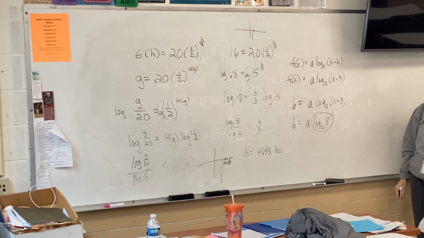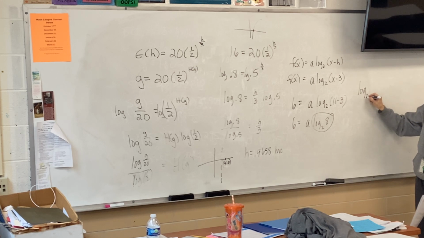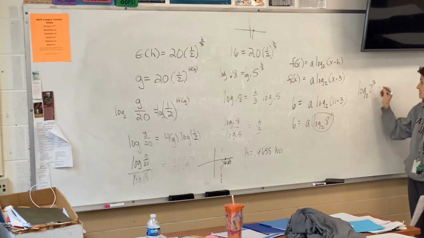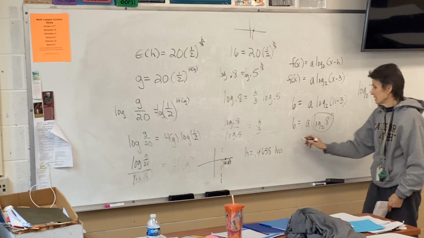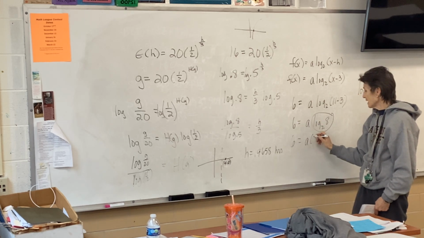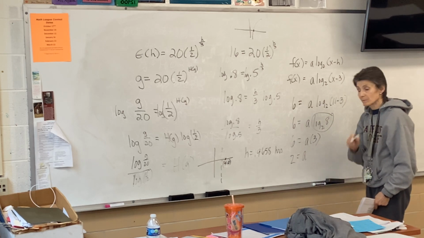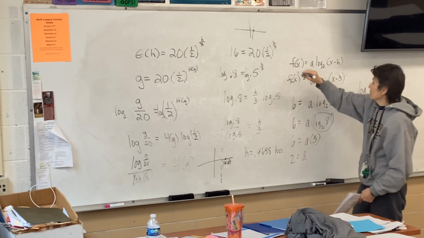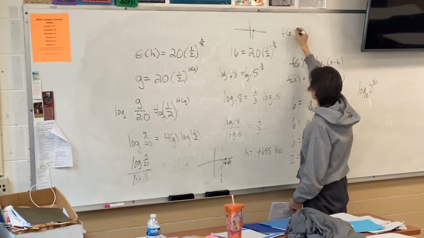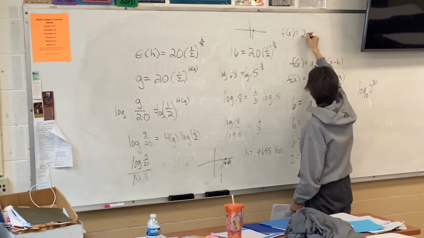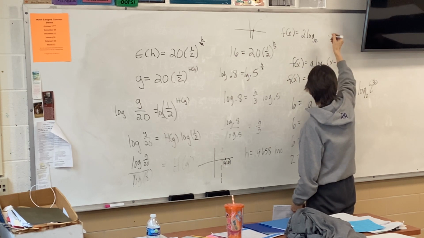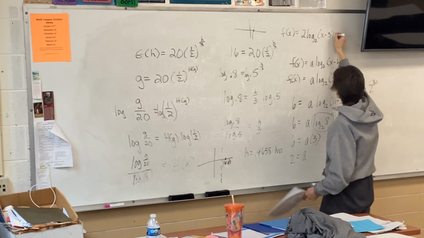What's the log base 2 of 8? It's 3. So 6 equals A times 3, which means A equals 2. And your equation is f of x equals 2 log base 2 of (x minus 3).